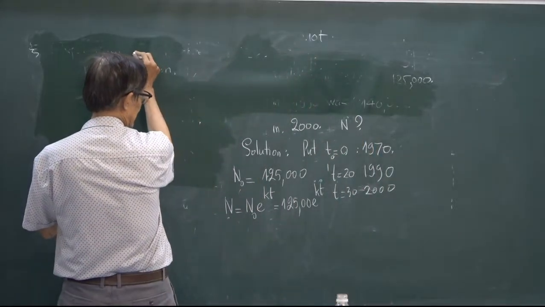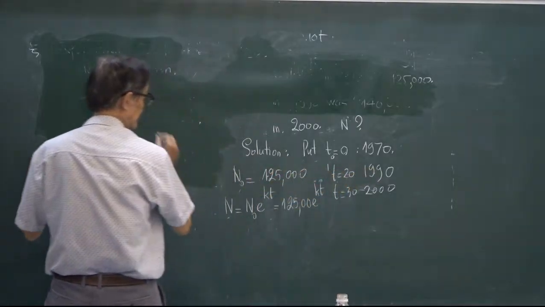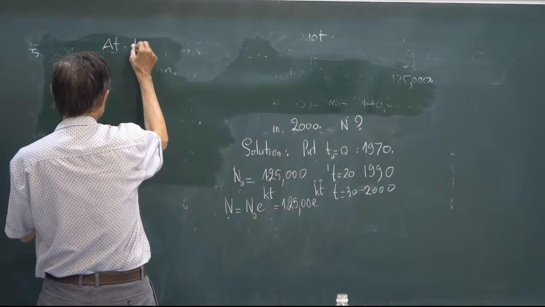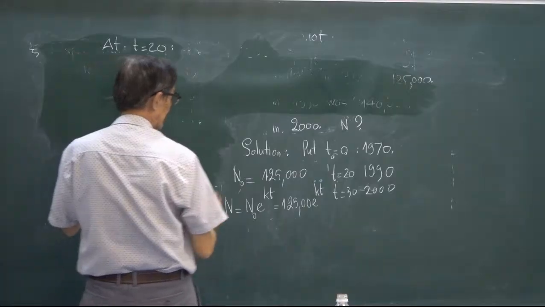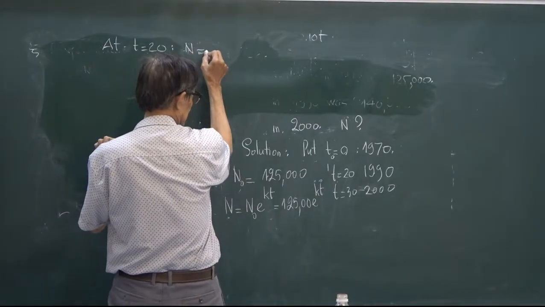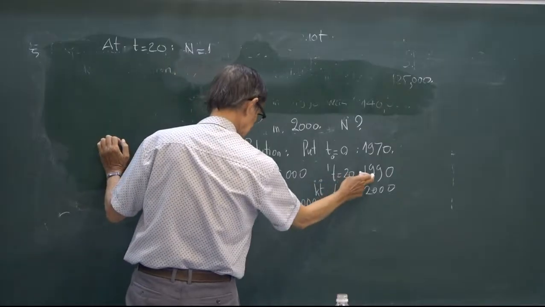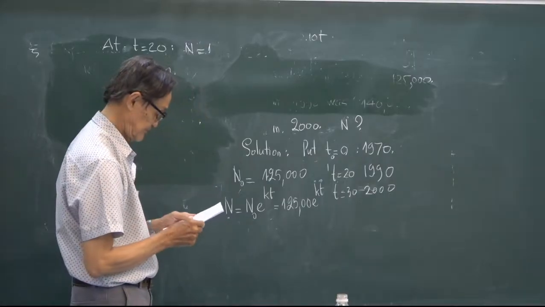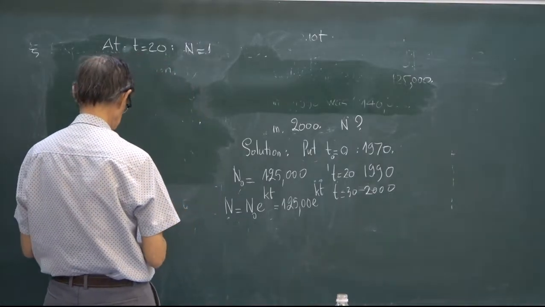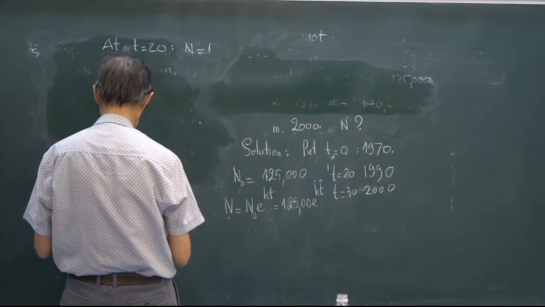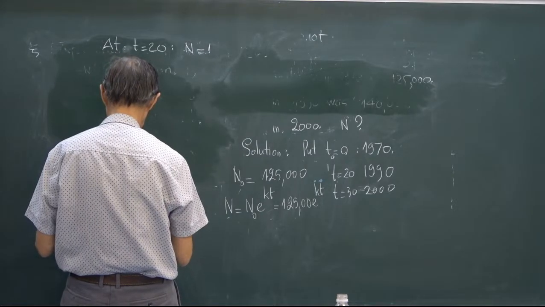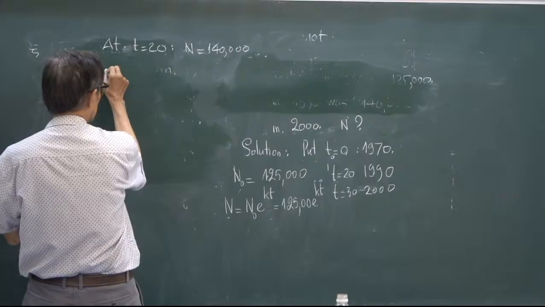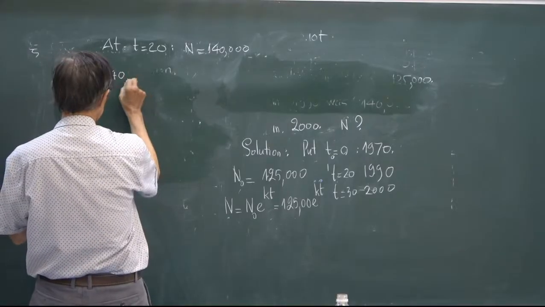Now in 1990, we have at t equals 20, N equals 140,000.